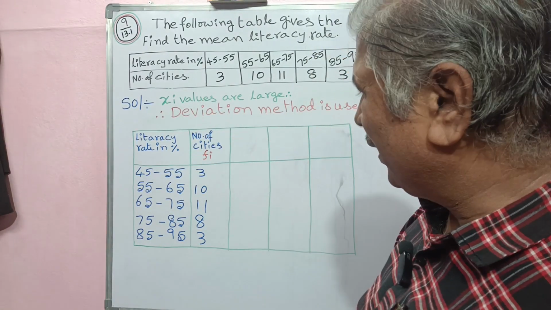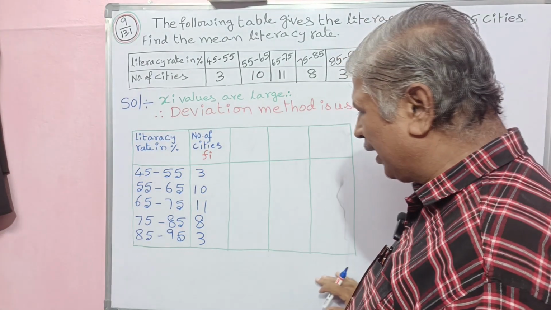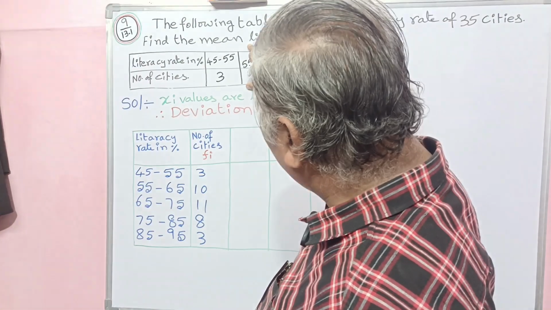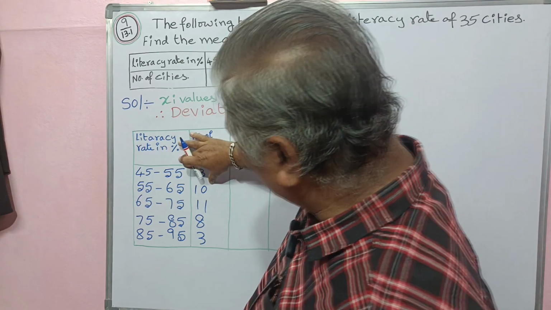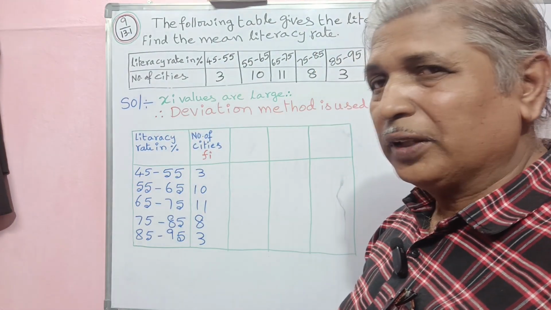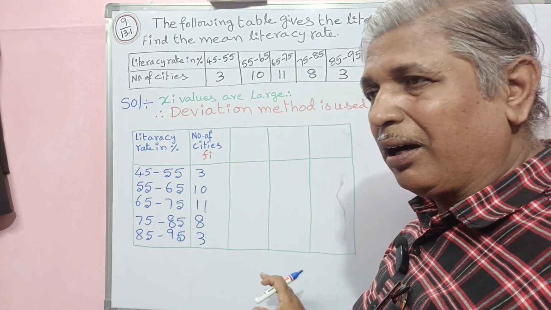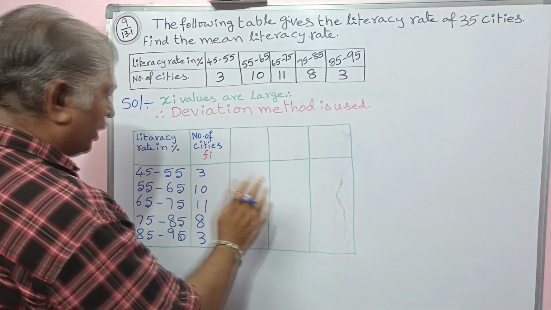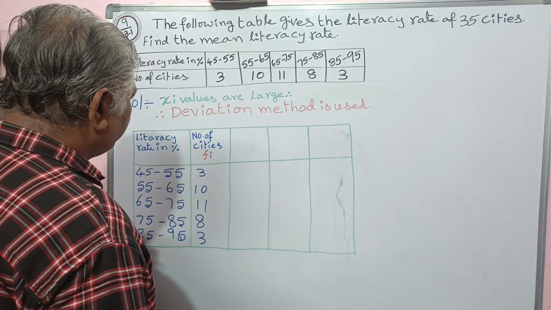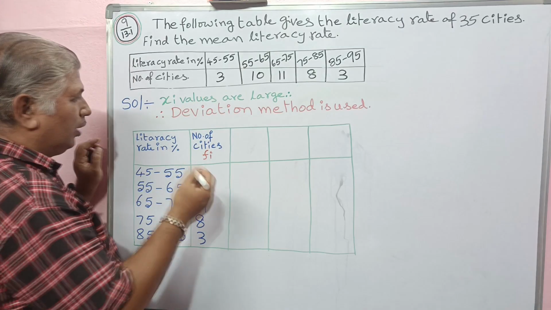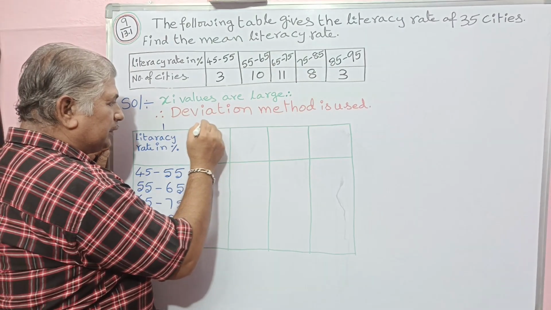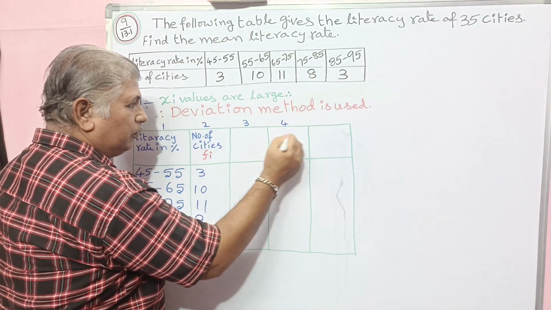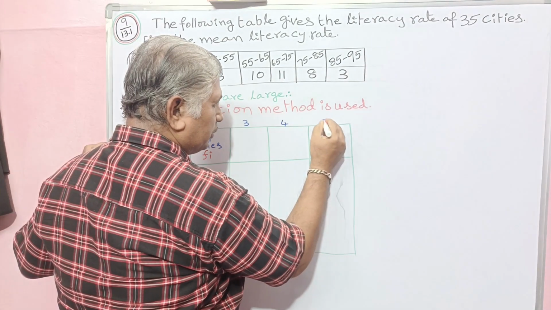In the deviation method, 5 columns are there. The given data is entered in 2 columns, and the remaining 3 columns are to be filled. This is the first column, this is the second column, this is the third column, this is the fourth column, and the last one is the fifth column.